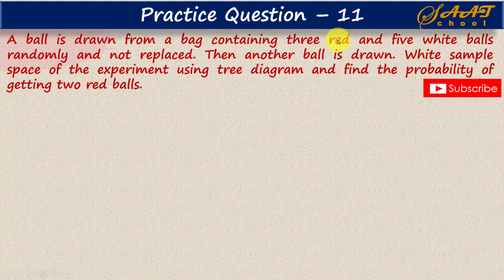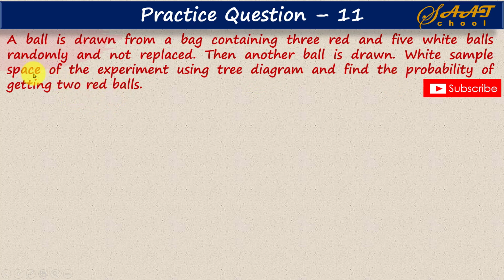If you draw a ball, on the next draw there will be 7 balls, as the ball is not replaced. Then another ball is drawn, so there are 2 draws. Now find the probability of getting 2 red balls, which we have to show by tree diagram.